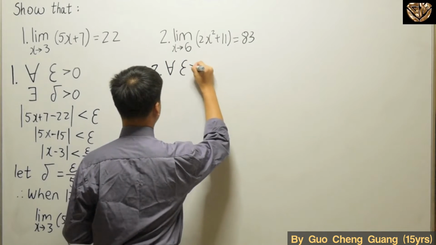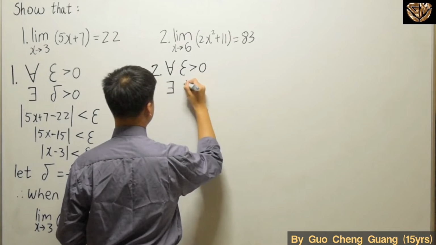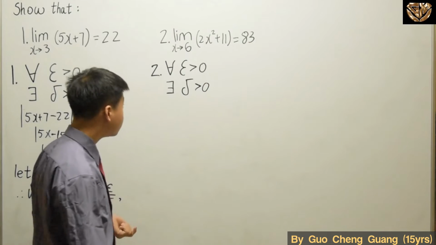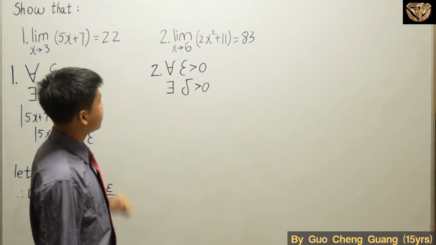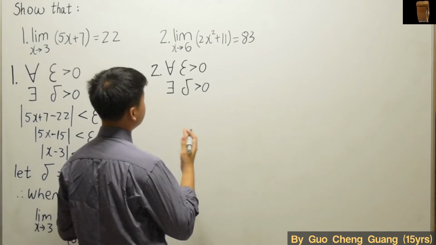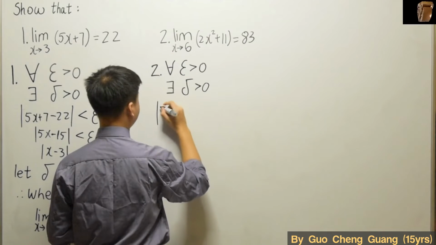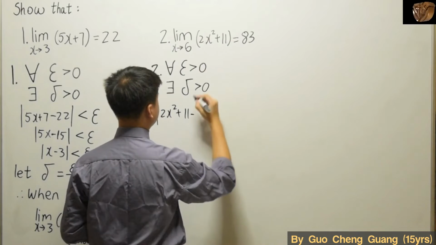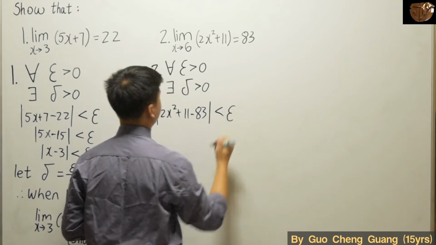Of course, in the second example, we will start off in the same way. Given epsilon greater than 0, let there exist delta greater than 0. Again, let's take a look at what needs to be smaller than epsilon. You have the modulus of 2x squared plus 11 minus 83, and this is smaller than epsilon.